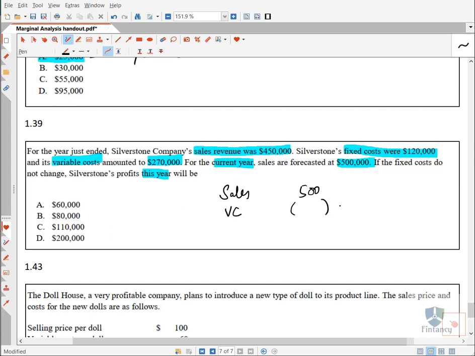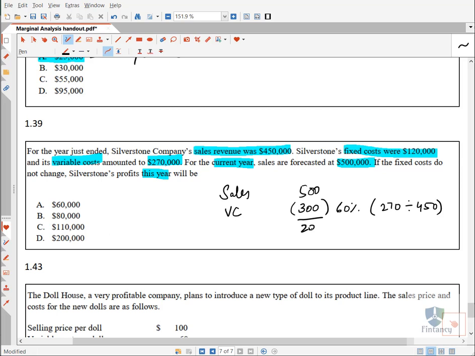It means that my variable cost is 60% of sales. How did I get this? I went to the last year, I divided the variable cost with the revenue of the last year to see the ratio of variable cost. For this year, you multiply 500 with 0.6 to get your current variable cost, which is 300.